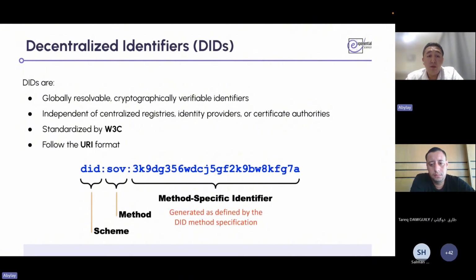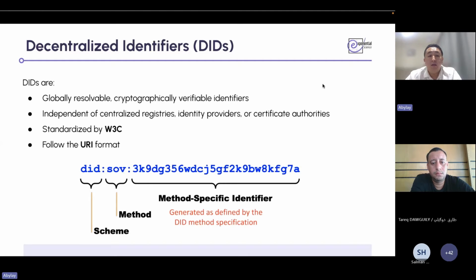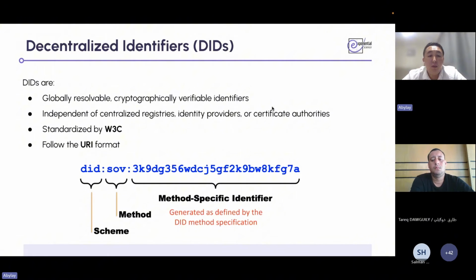Importantly, they must be independent of centralized registries, identity providers, or certificate authorities. So we basically needed a new type of identifier, and these decentralized identifiers emerged and were standardized by W3C.